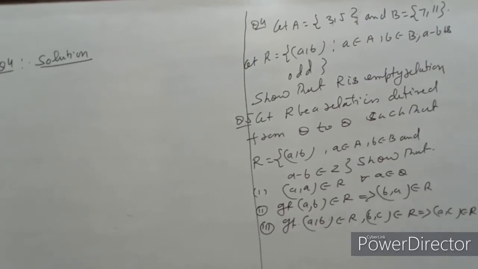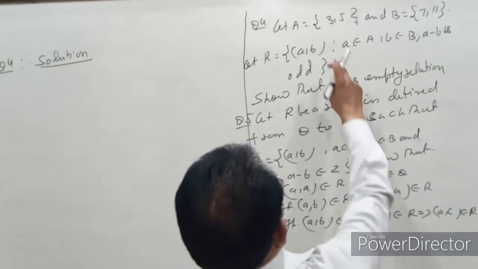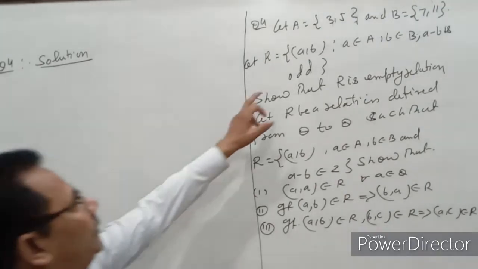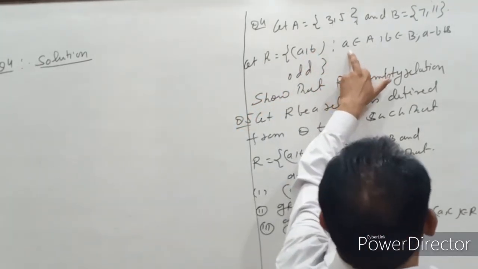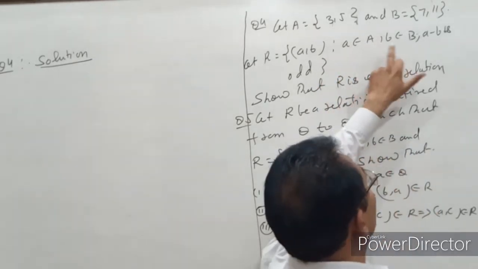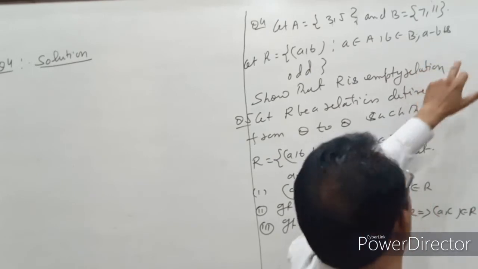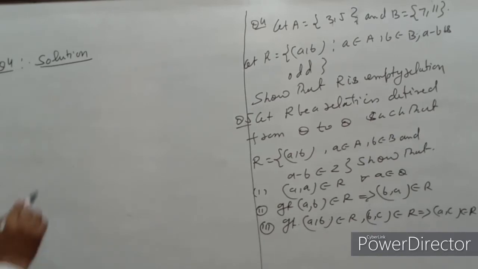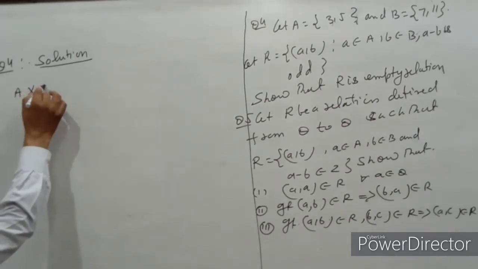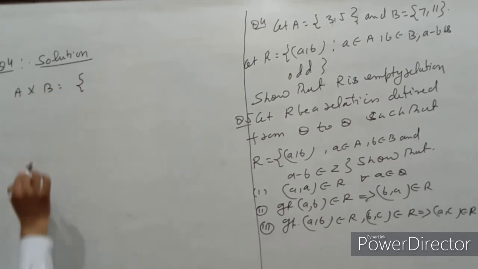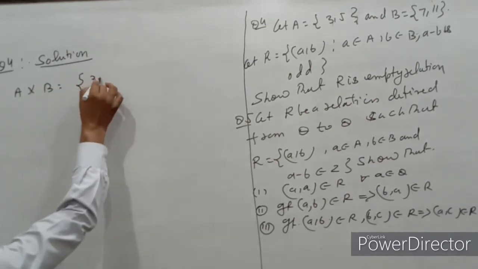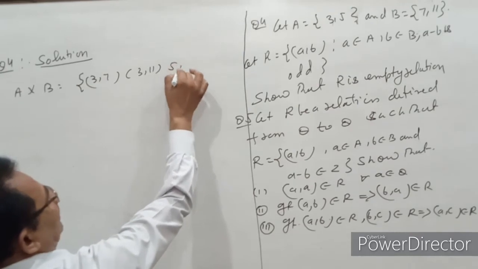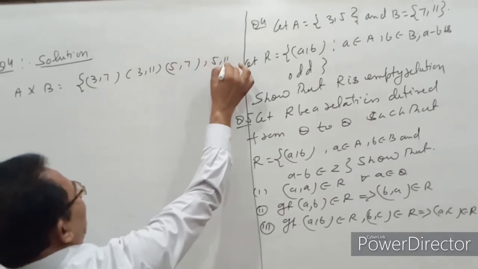Yes. Question number 4. Let A be the set containing 3, 5 and B be the set {7, 11}. If R is the relation containing ordered pairs (a, b), a belongs to A, b belongs to B, and defined as a minus b is odd. अगर हम यहाँ पर देखें तो A cross B is equal to (3, 7), (3, 11), (5, 7), and (5, 11).